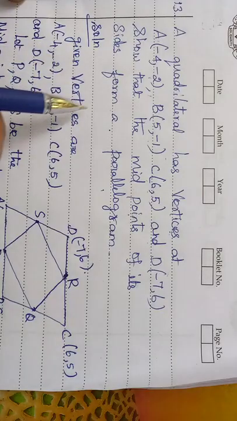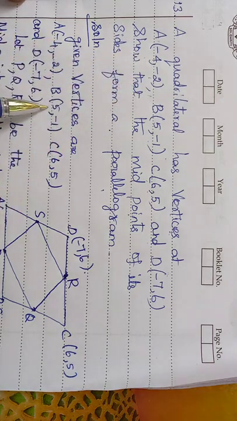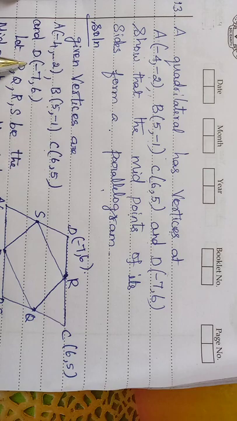Given vertices are A of minus 4 comma minus 2, B of 5 comma minus 1, C of 6 comma 5 and D of minus 7 comma 6, isn't it?